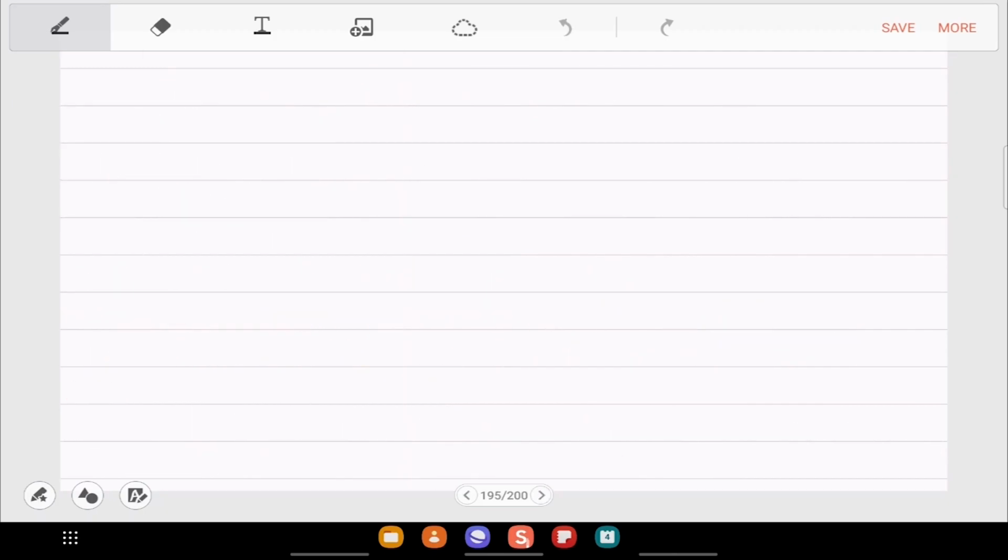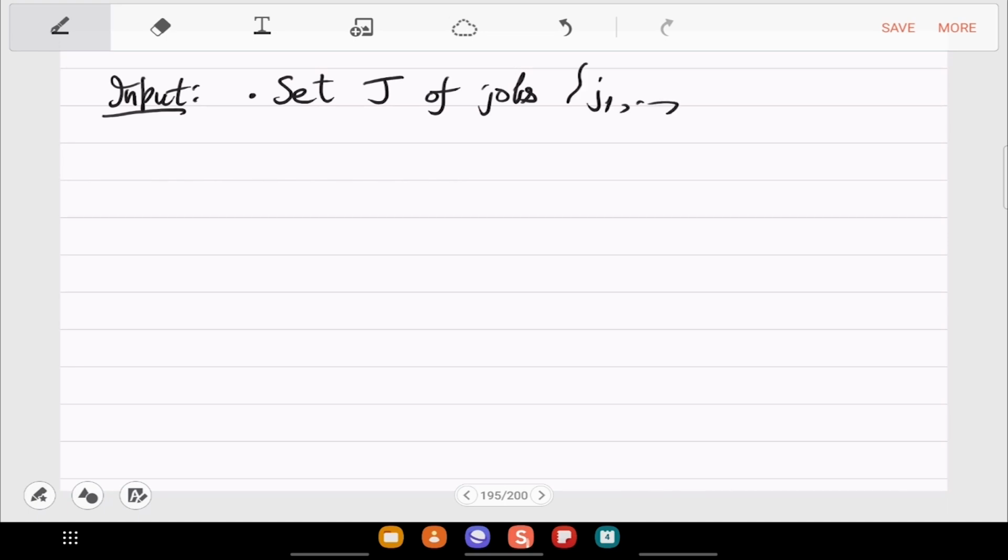So let's specify the input. The input is a set J of jobs, where Ji represents a timeline. Ji has Si to Fi time, so start and finish.